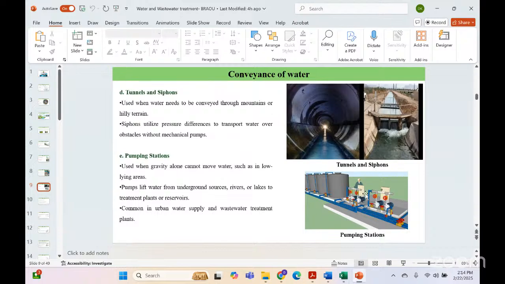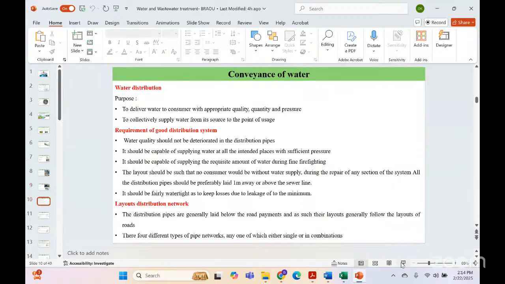The pumps lift the water from underground sources, rivers or lakes to the treatment plants or reservoirs. This can be done not only by gravity, but also some pressure has to be created in order to transport the water, which is very common in urban water supply and wastewater treatment plants.